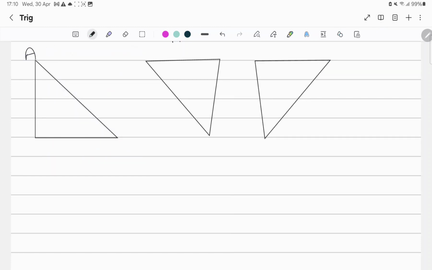Let's call each one A, B, C. Where's my 90-degree angle? It's going to be at B, B, and at A. So quickly take a few minutes and first identify your hypotenuse in each of these three triangles. Start by finding your hypotenuse.